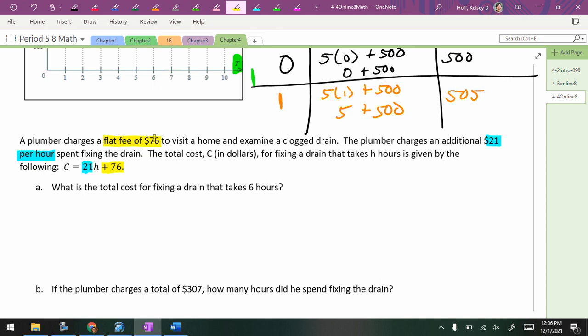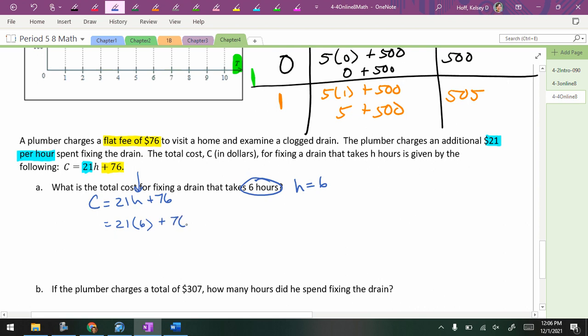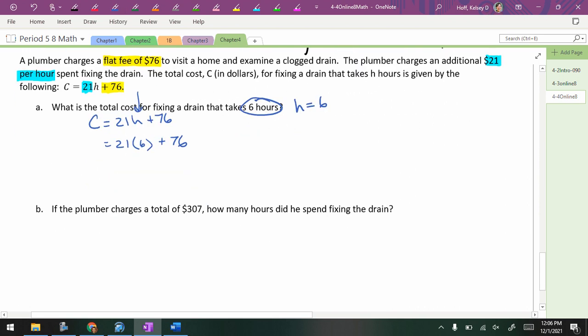What do you think, Lane? Very good, because it says 6 hours, right? So really we need to take our equation, and our h equals 6. So our equation C equals 21h plus 76. We no longer need h, we need 6. So 21 times 6 plus 76. What do I do first?